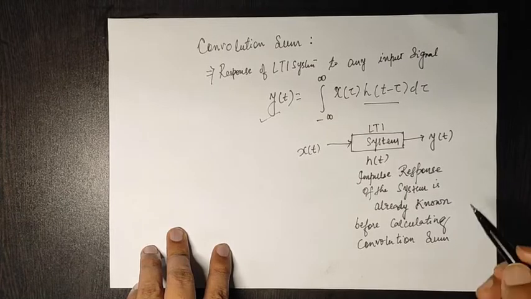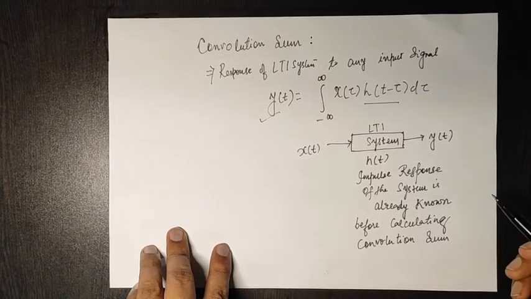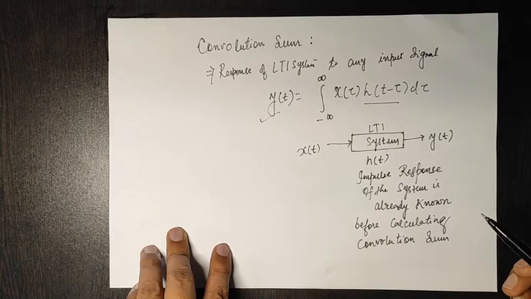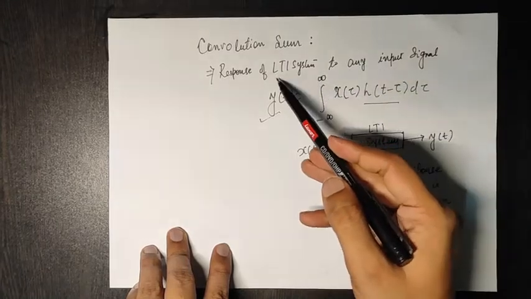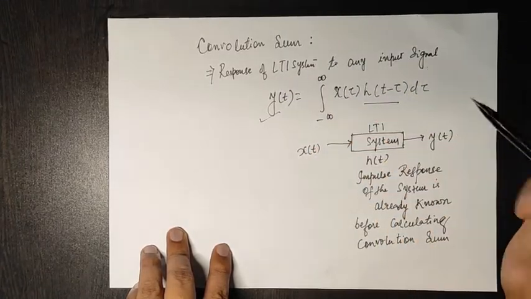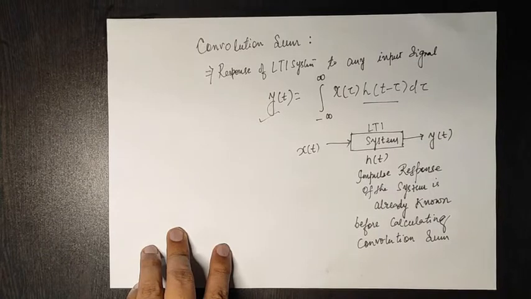The impulse response of the system is already known before calculating the convolution sum, that is the output of the LTI system corresponding to any input signal x of t.